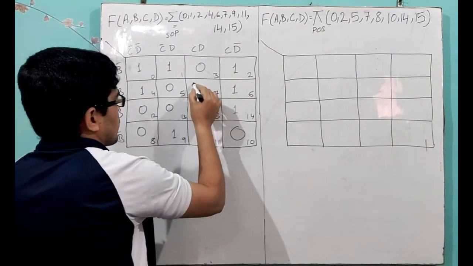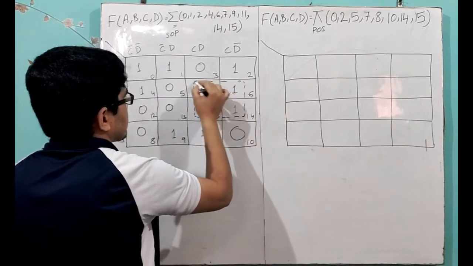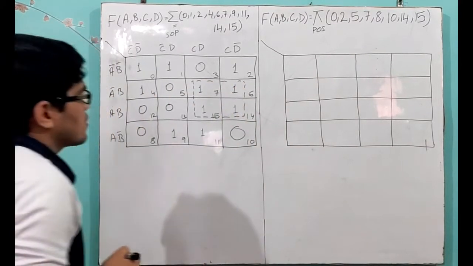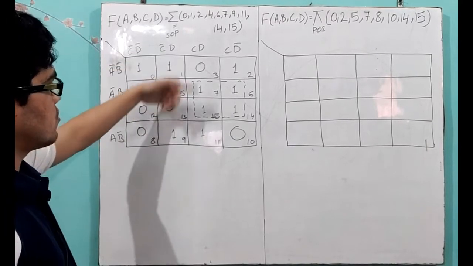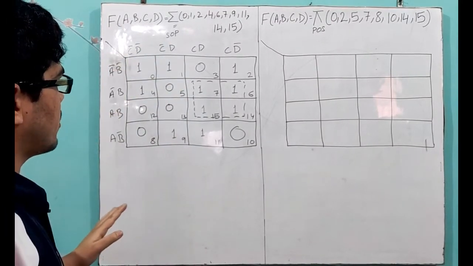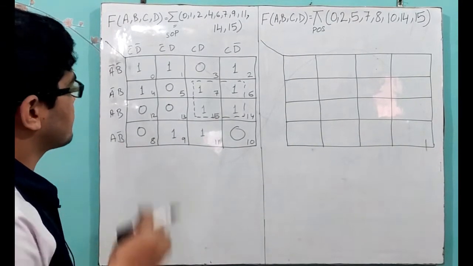Now look for the quads. So this is one quad. No other quad is present there, so we find one quad.